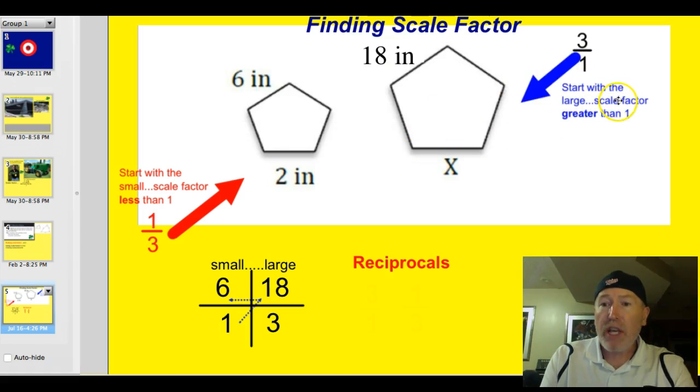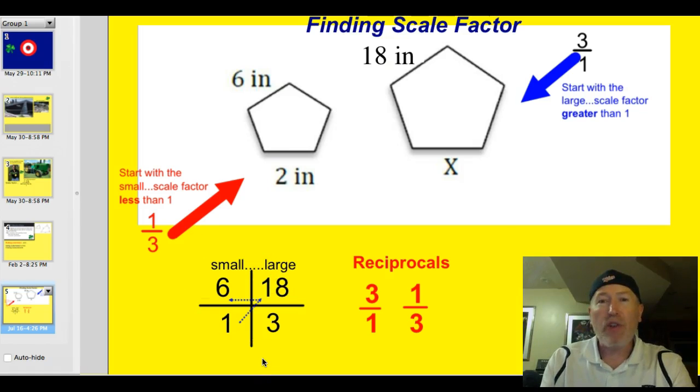Starting with the large scale, it's 3 to 1. Notice that they're reciprocals. Large to small, it's 3 to 1. Small to large, 1 to 3. Interesting, isn't it? You're using a ratio proportion box to do this. We've done this before. You can see how this all works. You understand. This is going to be a good lesson tonight.